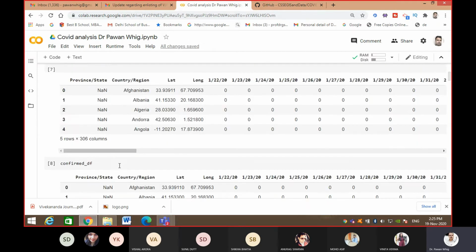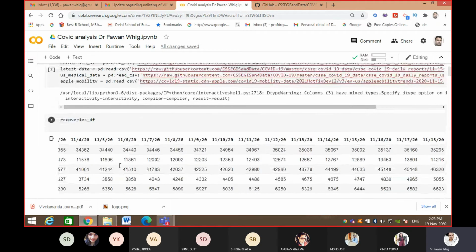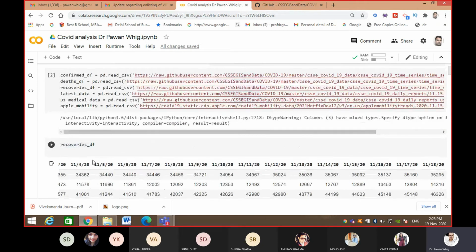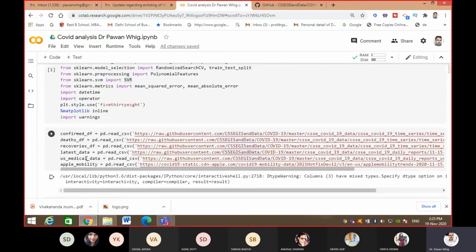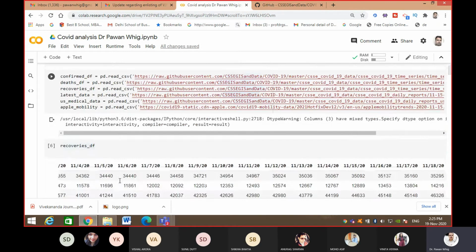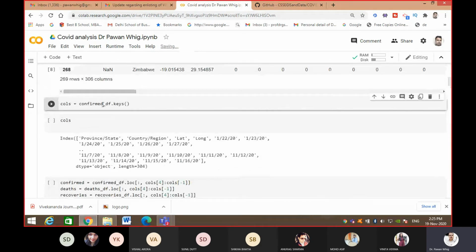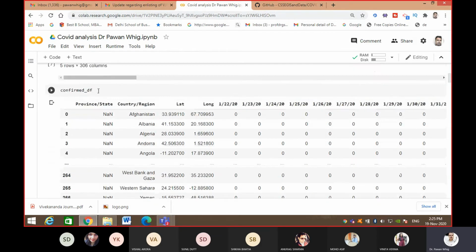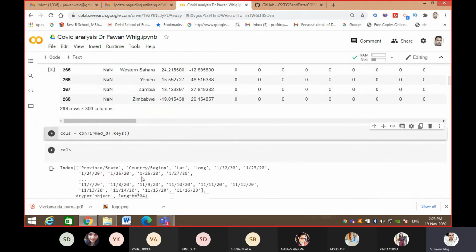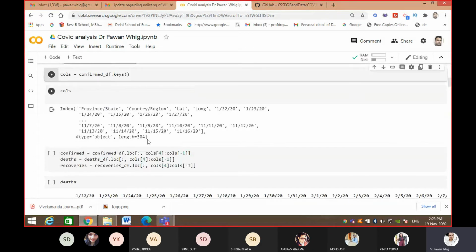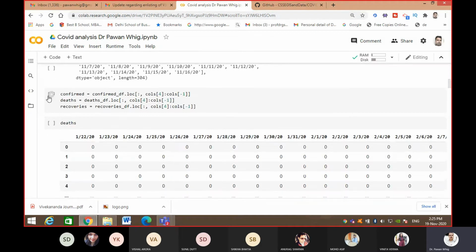If you want to see the keys of the latest data, you just have to write latest data. I think everybody understands. With this columns names you get these headers, so you have the information regarding the headers.